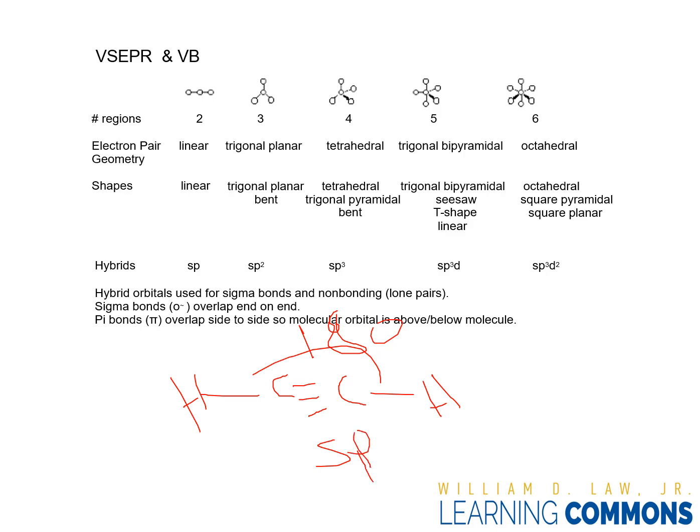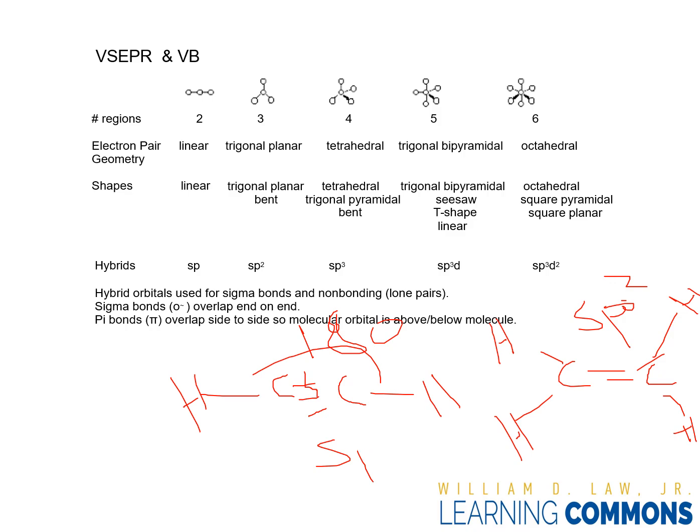But if we break this bond and make it carbon and hydrogen, hydrogen, hydrogen, this one will be sp2 hybridized, and they do not give me linear.